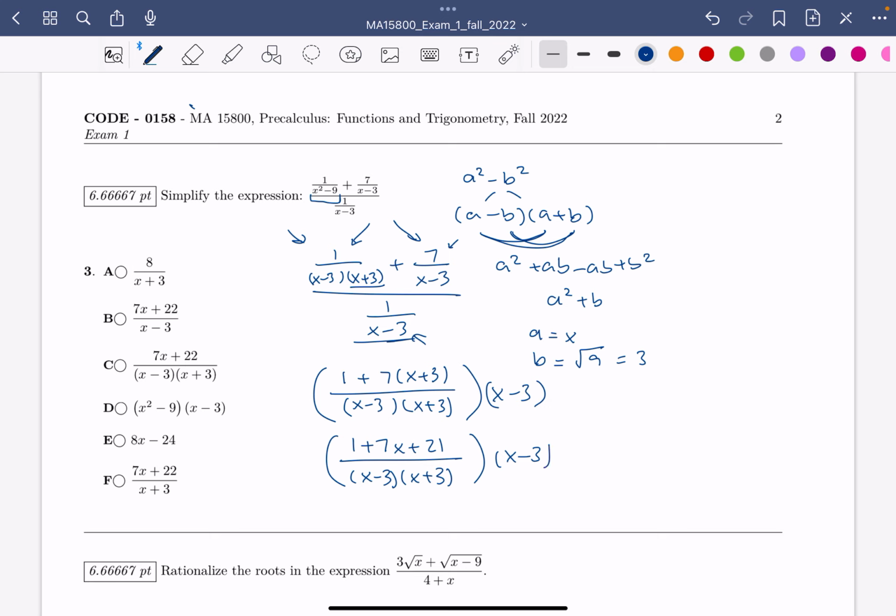We can see that the denominator has this term and the numerator has this term, and these are like terms, so we can actually cancel them out. So if we cancel them out, we are left with 1 plus 7x plus 21 over x plus 3. Simplify the numerator one more time, and we have 7x plus 22 over x plus 3. If we look at our answer choices, that gives us an answer of F.